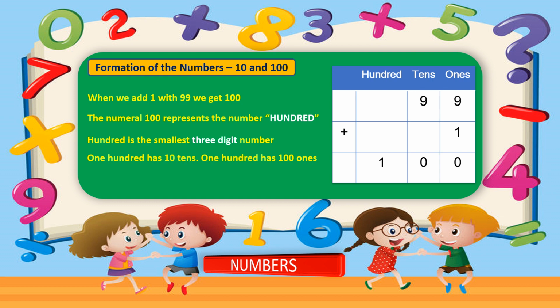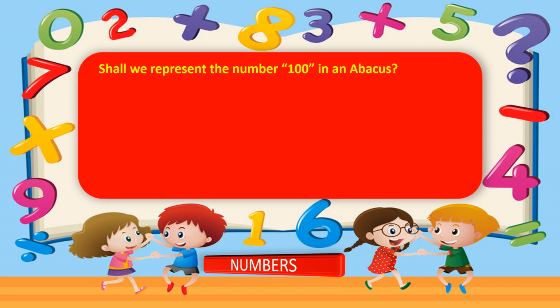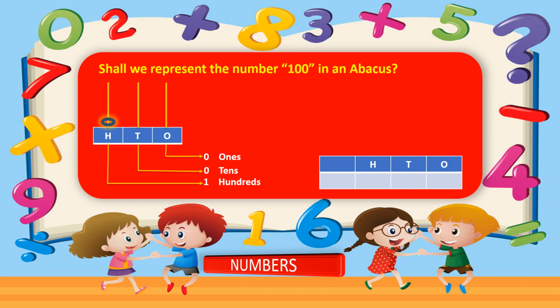100 has 10 tens. 100 has 100 ones. Shall we represent the number 100 in an abacus? See the abacus. No beads in the ones place shows 0 ones.